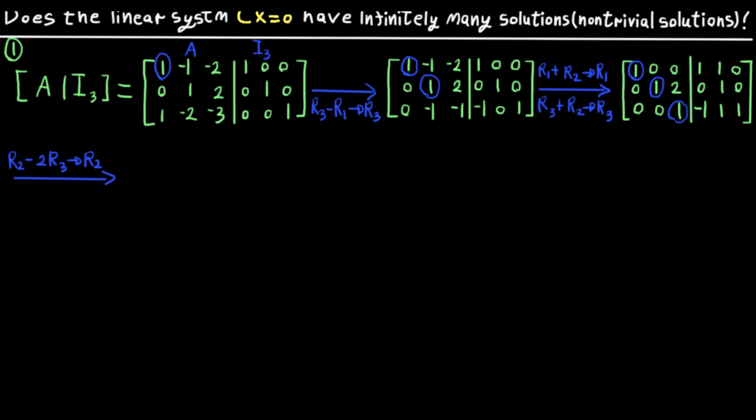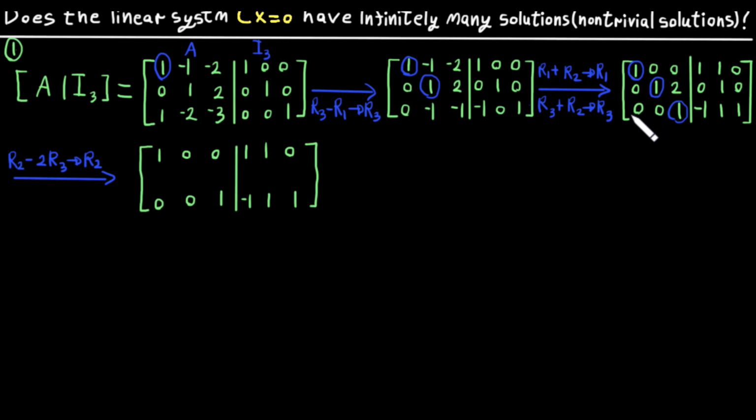Let's change the color. Since we only want to change this row, this row and this row will remain the same. So I will speed it up. So here we have row 2 minus 2 multiplied by row 3.